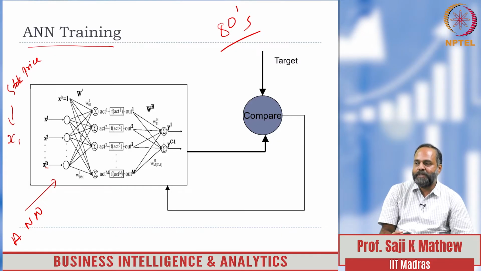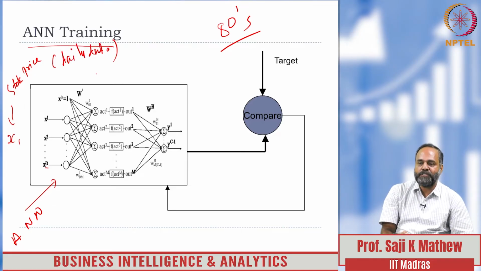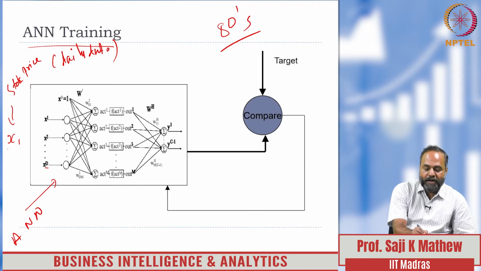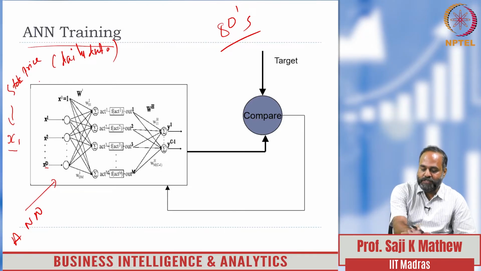I have 10 years of data, say of IBM or Infosys, and it is daily data. So I picked a date which is 10 years ago. I have a collection of data, but I am putting x1 as the starting point, and I am inputting x1 to the neural network, which is a black box.